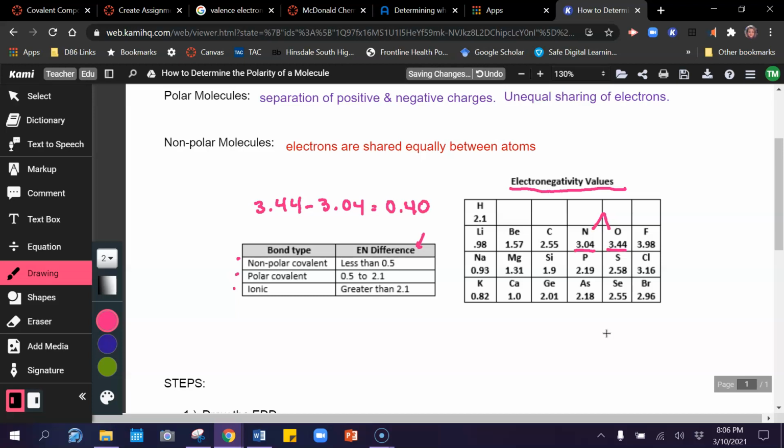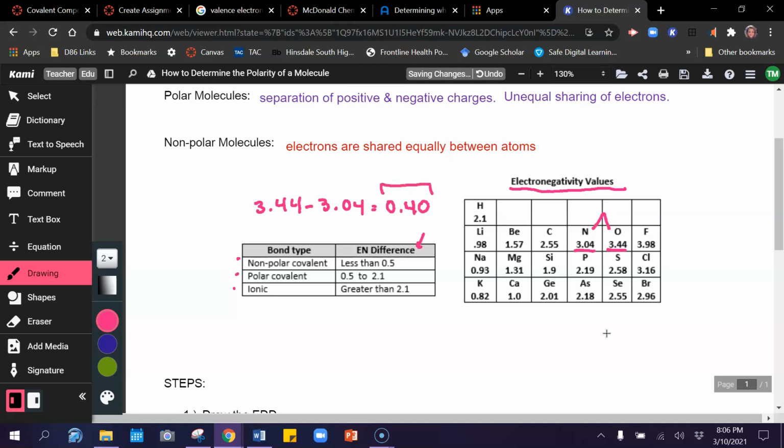Since 0.4 is less than 0.5, that means that a bond between a nitrogen atom and an oxygen atom would be nonpolar covalent.